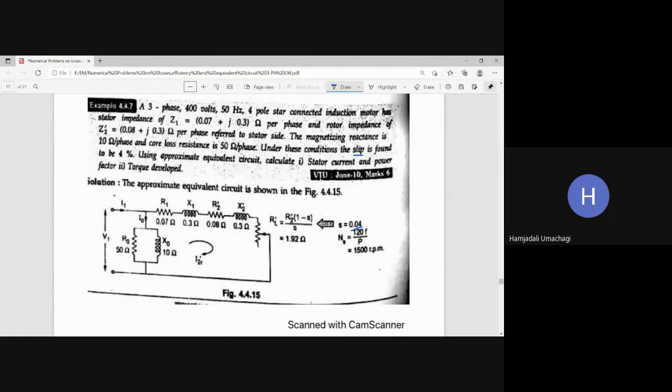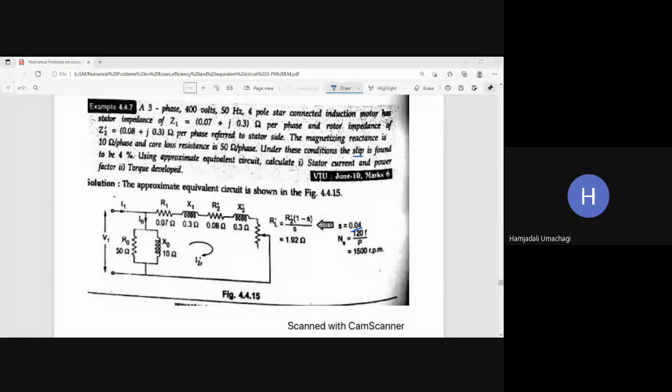So solve all the numerical problems based on three-phase induction motor losses, efficiency as well as the equivalent circuit.